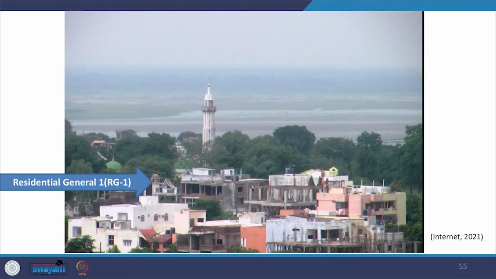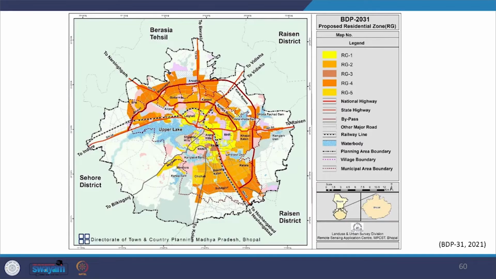The purpose of this zone is to incentivize the redevelopment and allow regeneration of the existing urban areas. We further see residential general 2, RG2. RG2 is the proposed residential zone as per the Bhopal development plan 2005, shown in saffron color forming the second ring around the lake. The purpose of this zone is to allow limited mixed use considering the existing development.